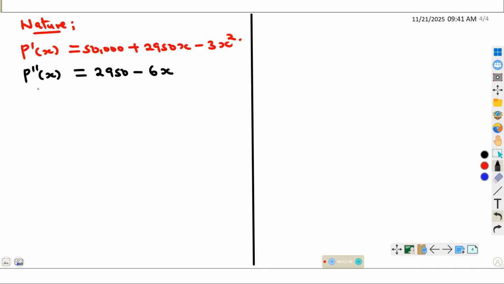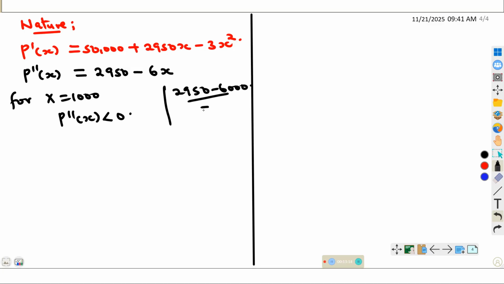To test for the nature of the x values we have obtained, we shall use the second derivative test and see what will happen to the second derivative. For x equal to 1,000, when you substitute 1,000 here, p''(x) will be less than 0, because when x is 1,000, you are having 2,950 minus 6,000, and this value will be a negative value.